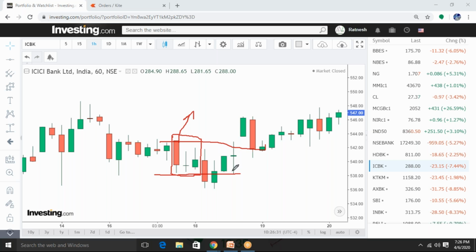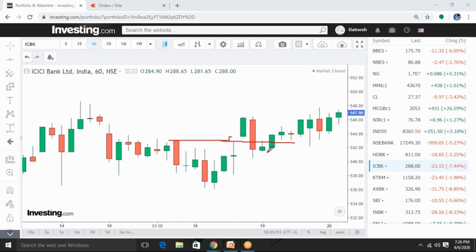You can take the trade based on this, or if you are taking your trade based on breaking the high of this candle, you have to wait for one candle to close above this. Both are fine, but this has better accuracy. If it is breaking the high of this candle, its accuracy will be higher.